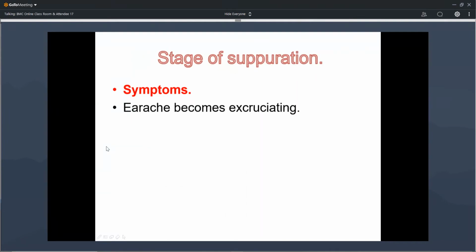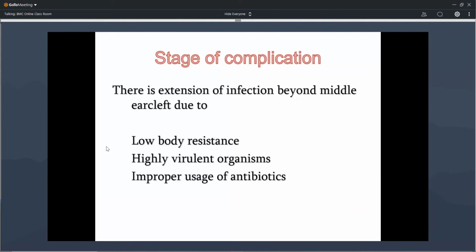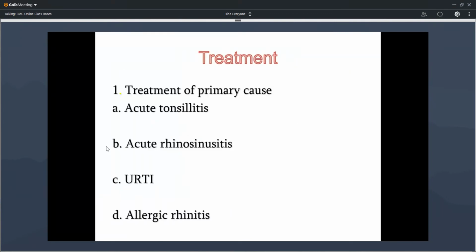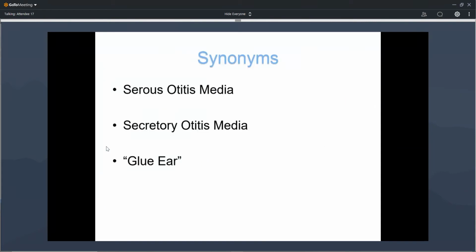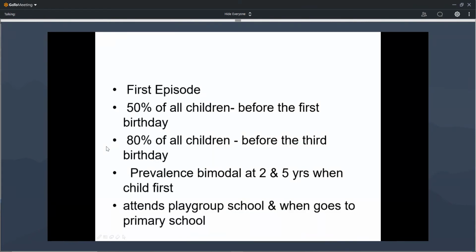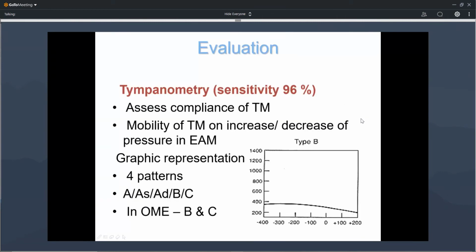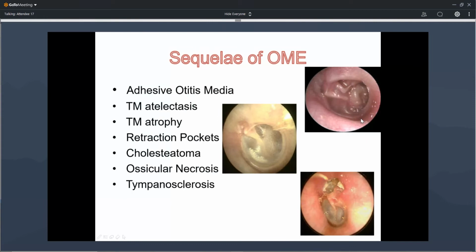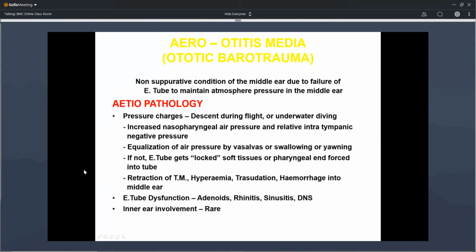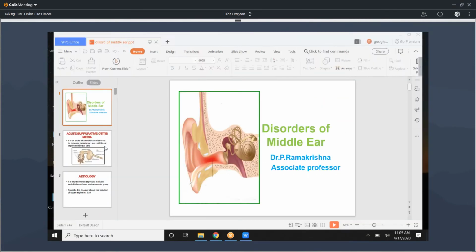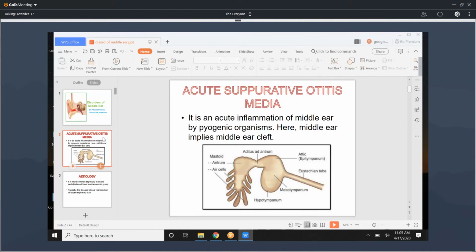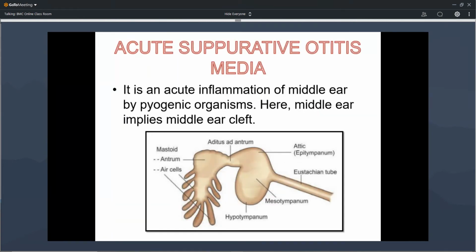First, coming to acute suppurative otitis media. It is acute infection and inflammation of the middle ear cavity by pyogenic organisms.